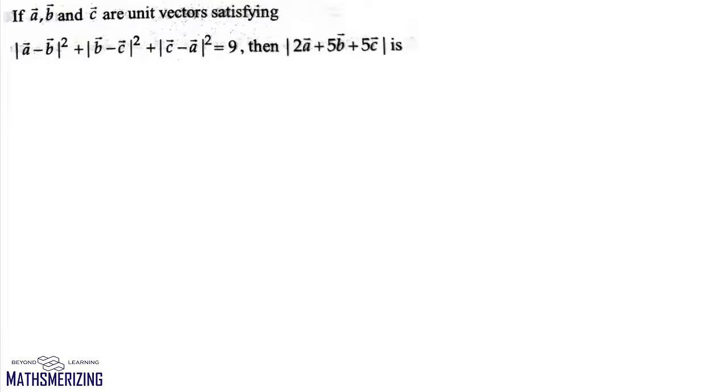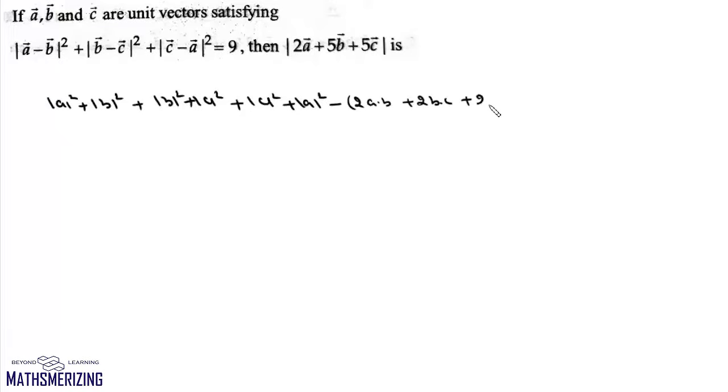Now here the question is, if A, B, C are unit vectors satisfying mod of A minus B squared plus mod of B minus C squared plus mod of C minus A squared equals 9, then find the value of mod of 2A plus 5B plus 5C. Now we square it, we'll get mod of A squared plus mod of B squared plus mod of B squared plus mod of C squared plus mod of C squared plus mod of A squared minus 2 times A dot B, B dot C and C dot A, and it will be equal to 9.